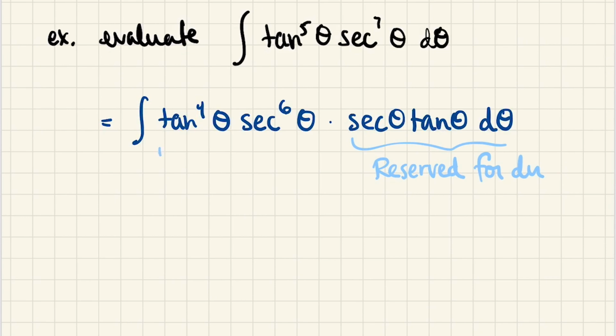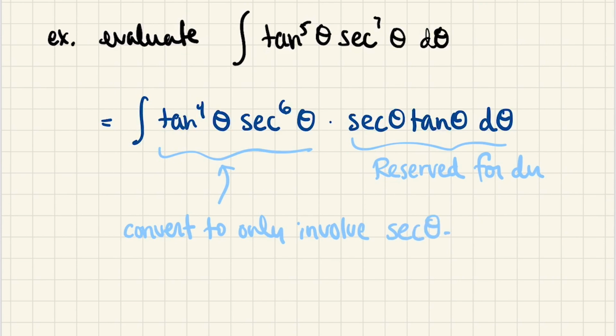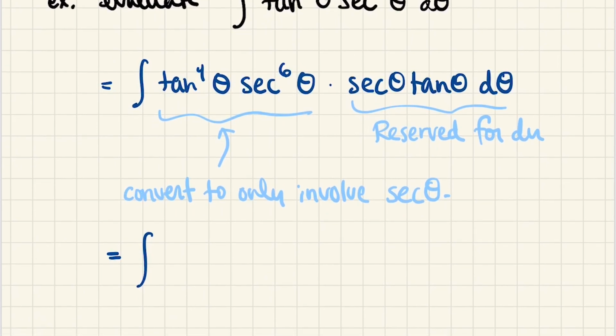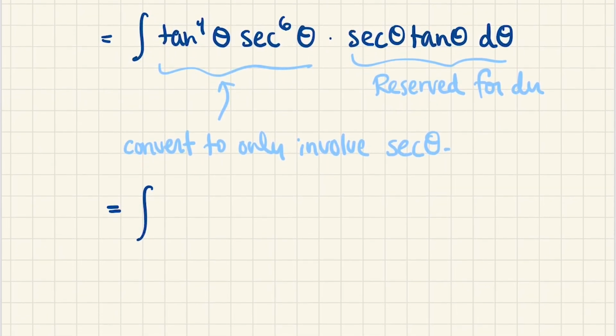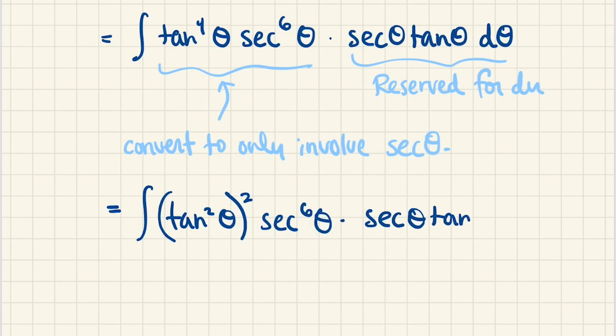And that means that since our intention is to let u be secant, all of that stuff over here has to be somehow converted to secants. No problem, because we have tangent to an even power at this point, which is easy to convert using a Pythagorean identity. So, that's tangent to the 4th power, so let's first write it as tangent squared, which itself is squared. Secant to the 6th power, that's already in terms of secant, so we'll just leave it alone. And we have our reserved part here.